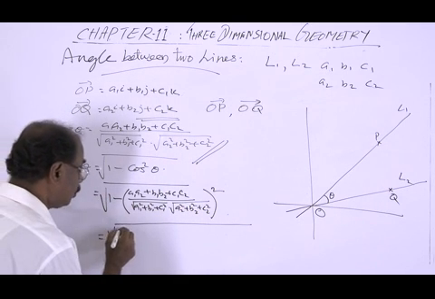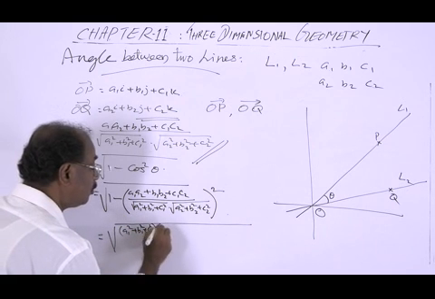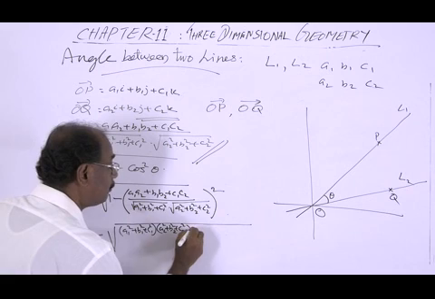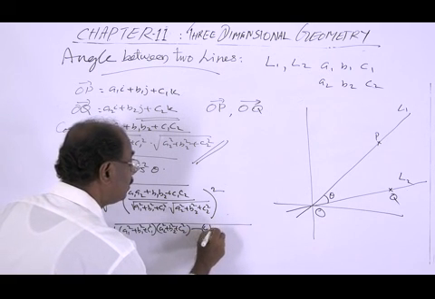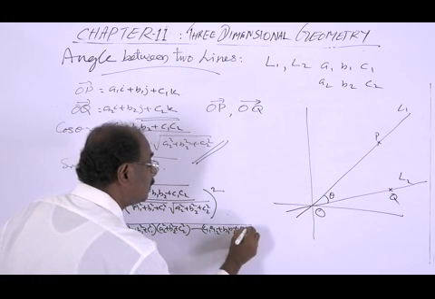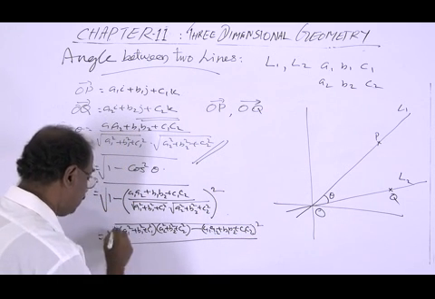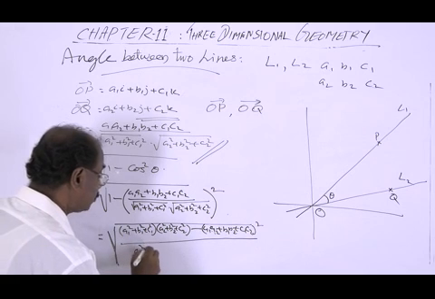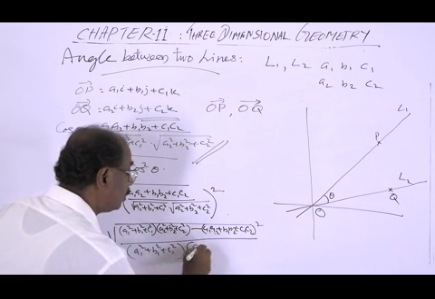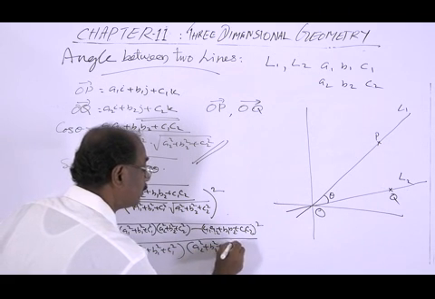So this is equal to A1 squared plus B1 squared plus C1 squared into A2 squared plus B2 squared plus C2 squared minus A1 A2 plus B1 B2 plus C1 C2 whole squared, divided by A1 squared plus B1 squared plus C1 squared into A2 squared plus B2 squared plus C2 squared.